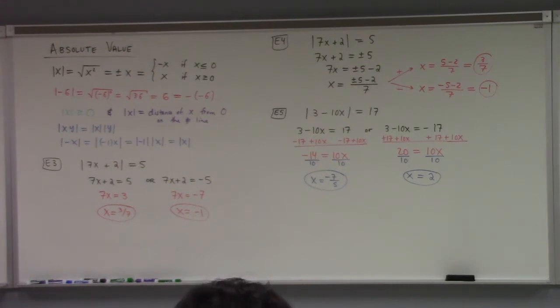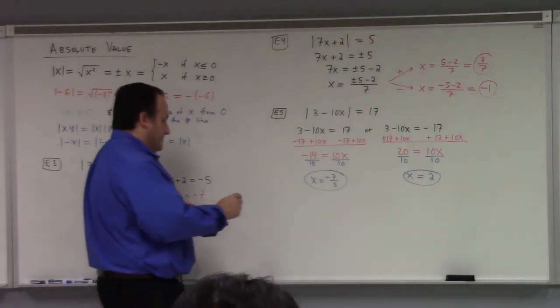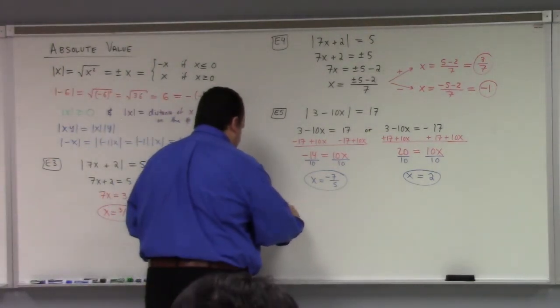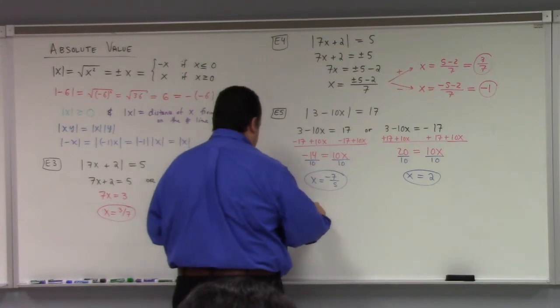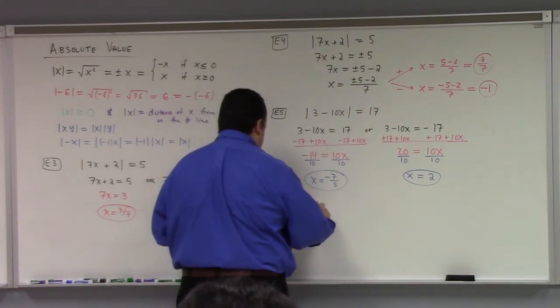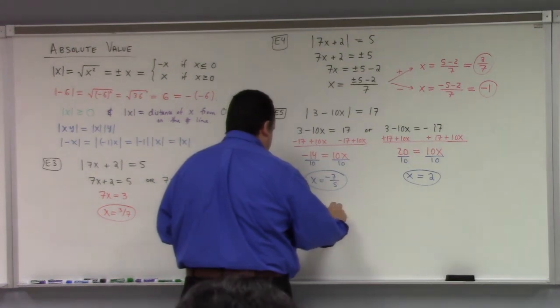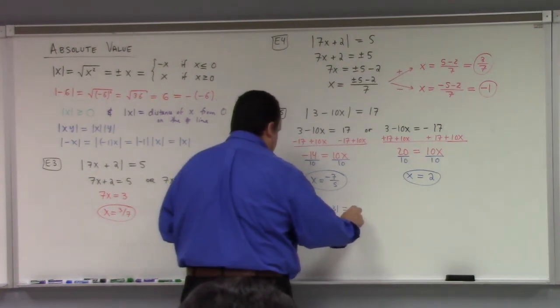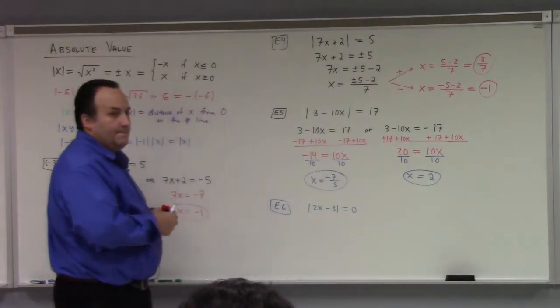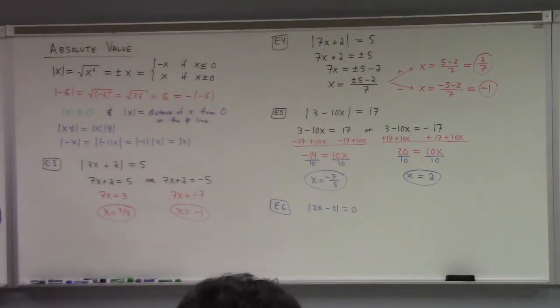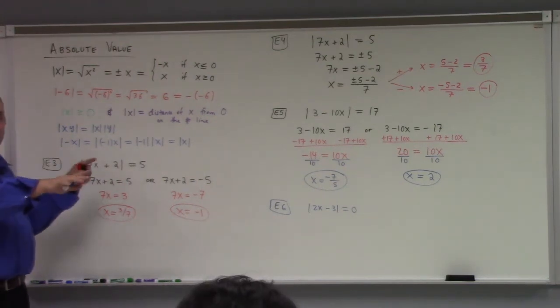There's another possibility: the number could be repeated. Here's a silly one, well, it's not that silly actually. Absolute value of 2x minus 3 equals 0. What are the solutions to this? If you put a 0 over there, the 2 cases become the same case.